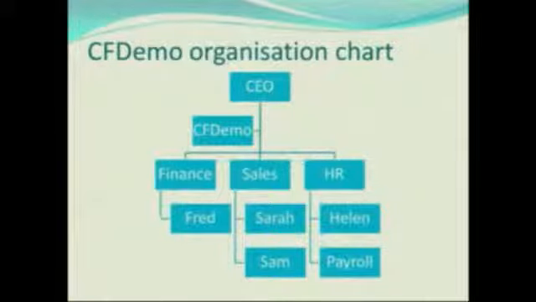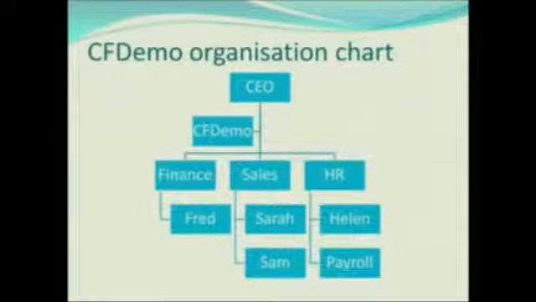There's a user called cfdemo, and the job of cfdemo is to be the application owner. There are 3 more management level users: finance, sales, and HR, and each of those has staff.